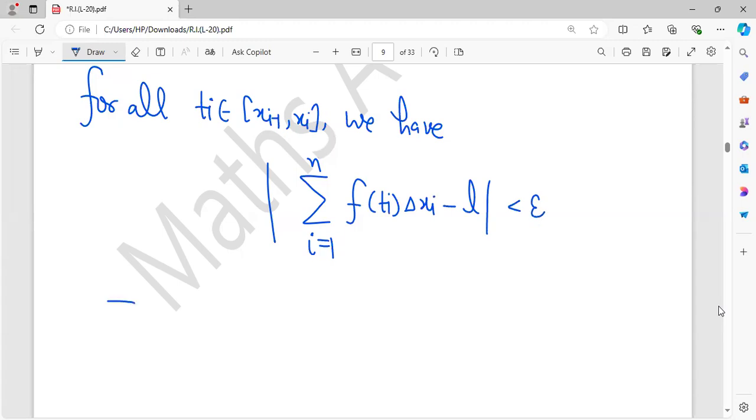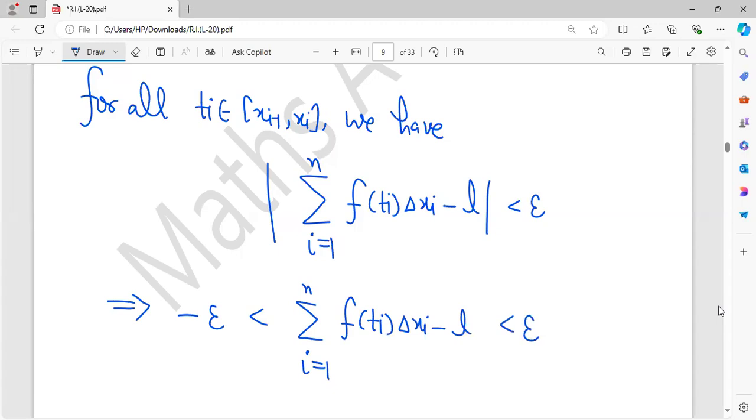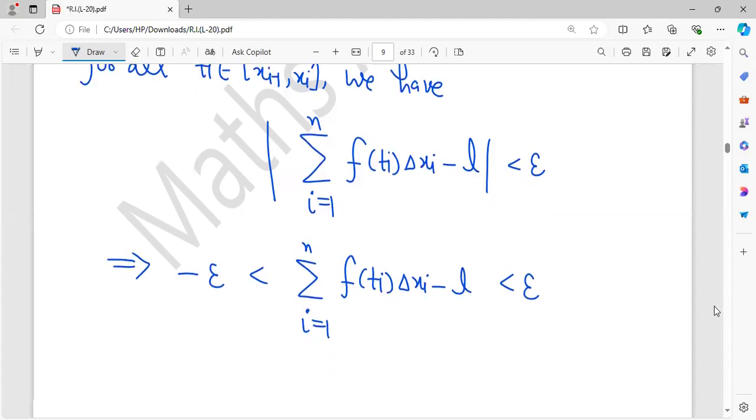You expand this, what you will get? Minus epsilon less than summation i goes from 1 to n f(ti) delta xi minus L less than epsilon. Okay.